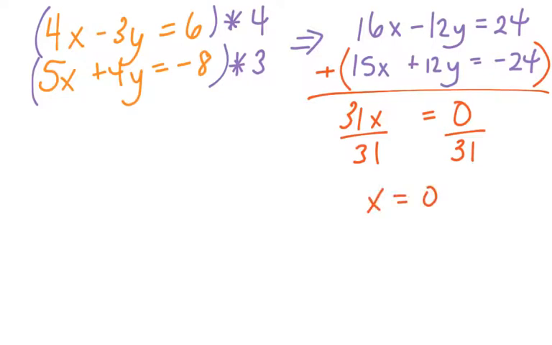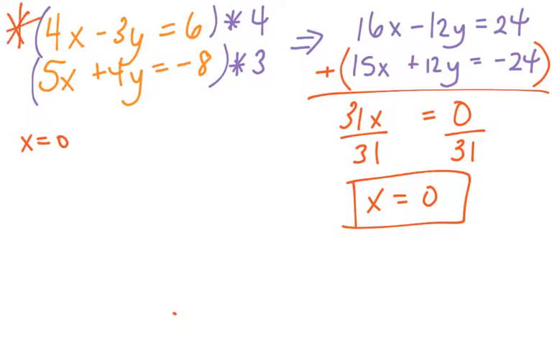So if x equals 0, we now can solve for y. So to get our y, I'm going to substitute that into the first equation right here that I'm putting a star next to. So I get 4 times 0 minus 3y equals 6.